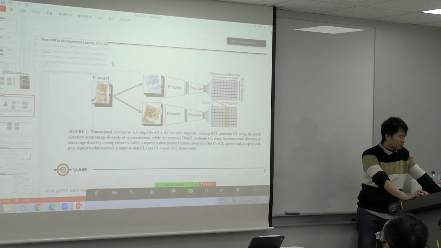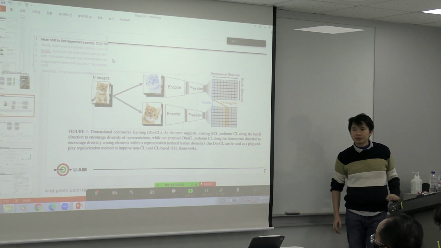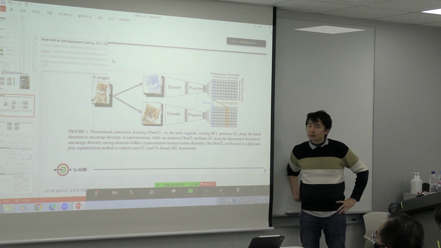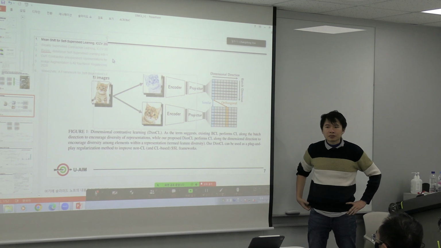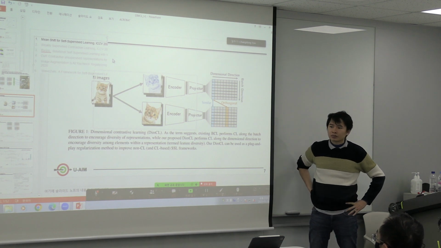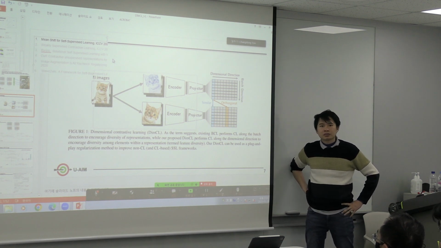But here, you're doing self-supervised learning without thinking about downstream tasks. This representation should perform well for many different kinds of tasks. Because you don't know, you want that block to represent the original image.